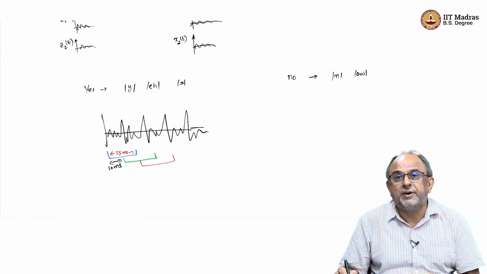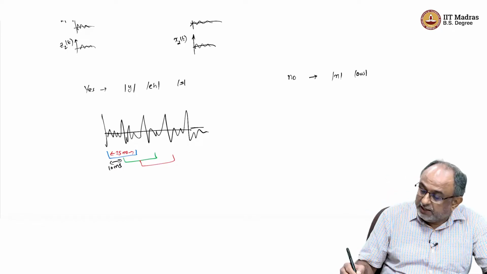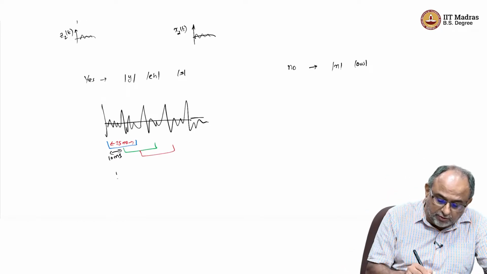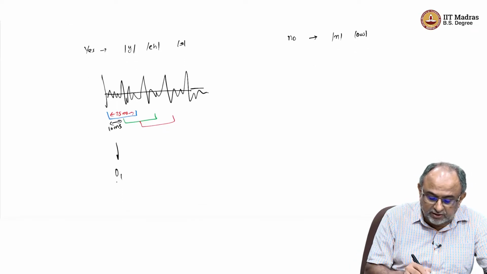These are empirically determined. This has been done through experiments and found to be the best, and each one of them is going to give me a MEL filter bank feature vector.